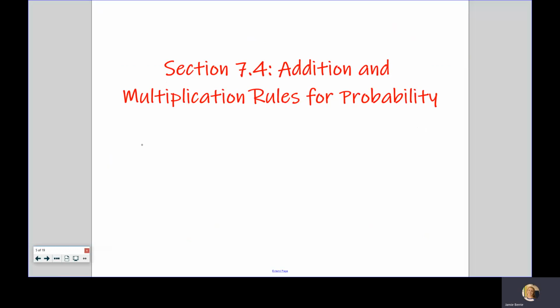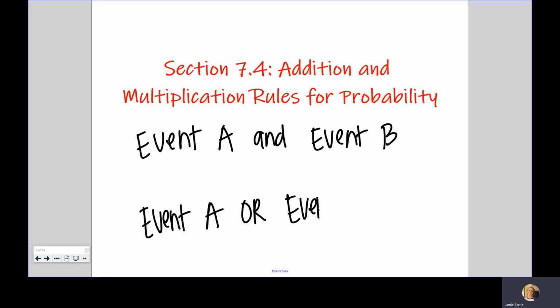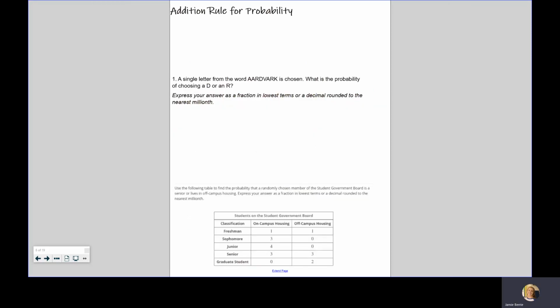We're going to be thinking about situations where we have some event A and some event B. And we're going to be thinking about situations where we have an event A or an event B. So we're going to be thinking about probability questions that involve the words and, or. All right, so let's start with our addition rule for probability, which is going to be those or problems. So these are the or problems.